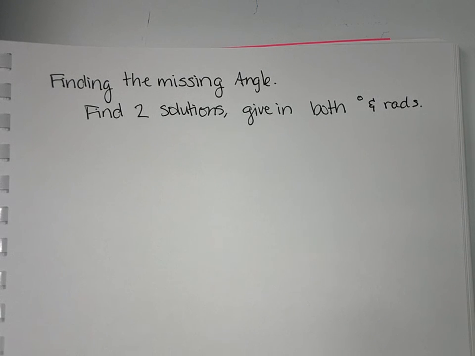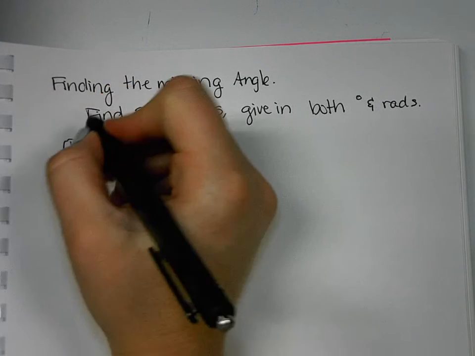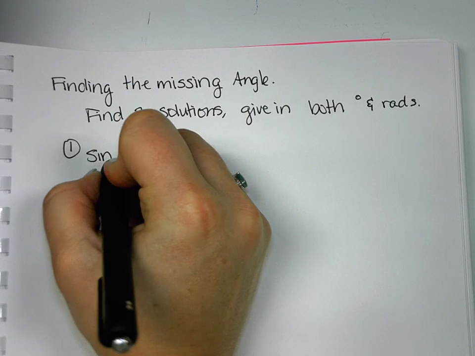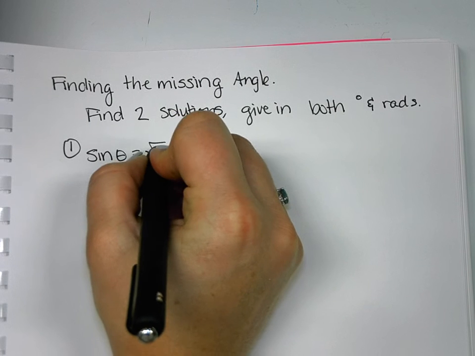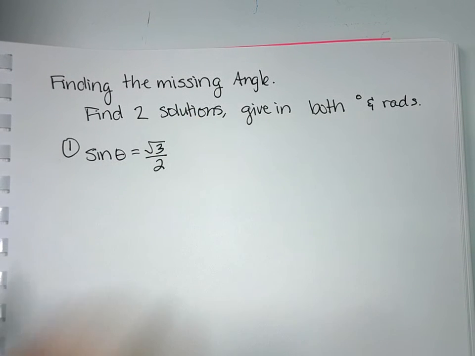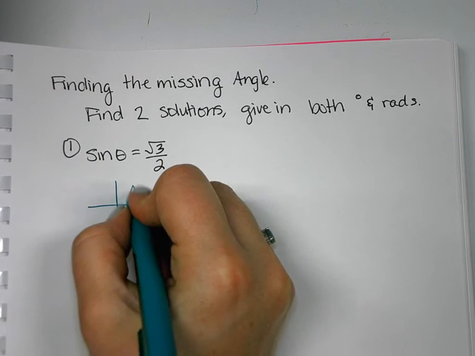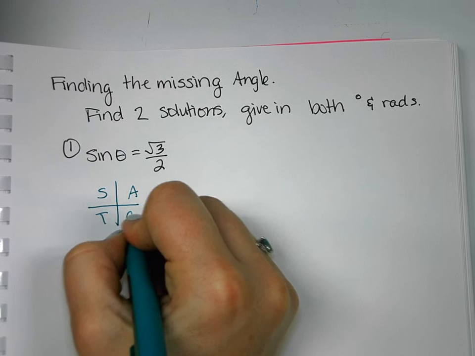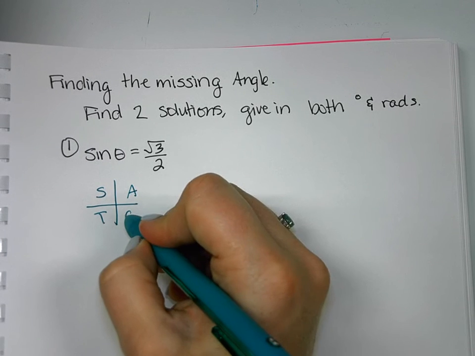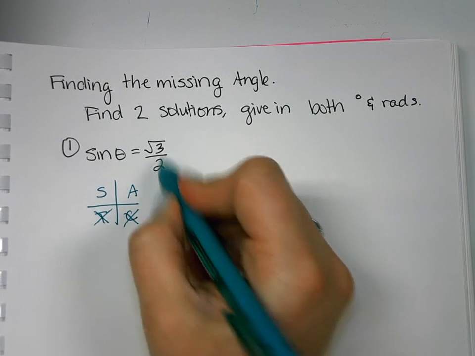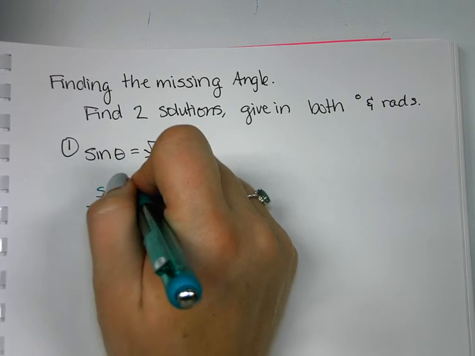Okay, so our first one here, sine theta equals root 3 over 2. So right away, if I think about my quadrants, all students take calculus, I know it's not in these 2 quadrants because I have a positive value. So that means I have 2 possible angles.